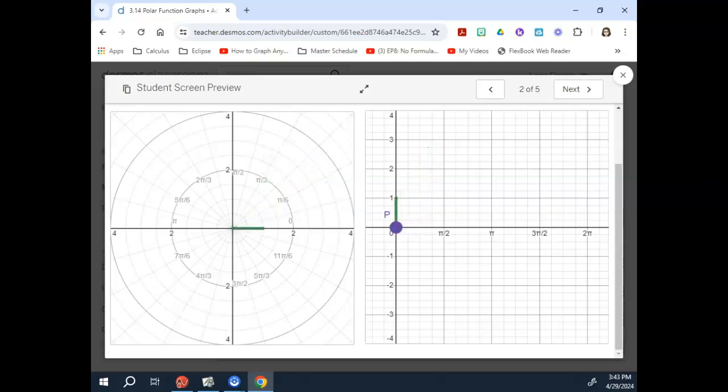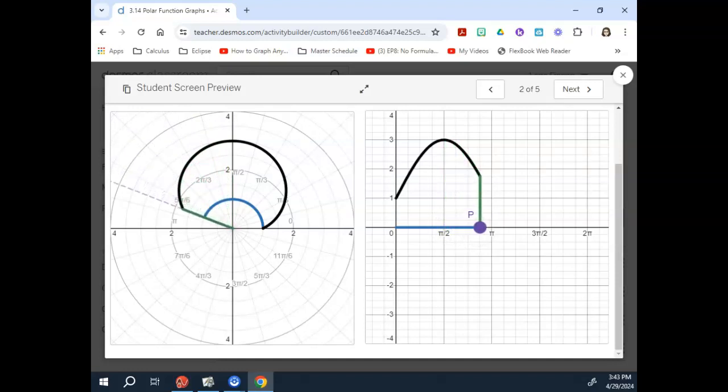Once we get to pi halves, the distance from the function to the origin is decreasing because my r values are getting smaller. The function is positive and decreasing at this point.